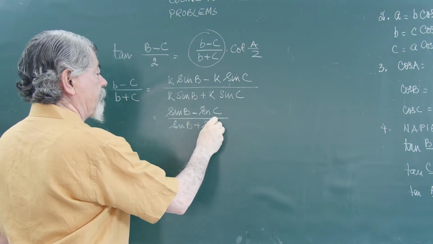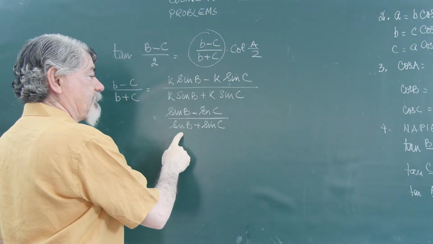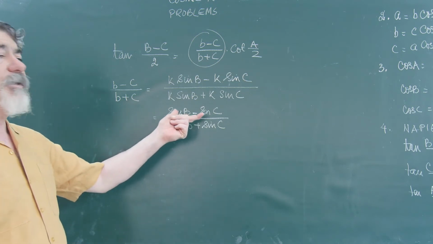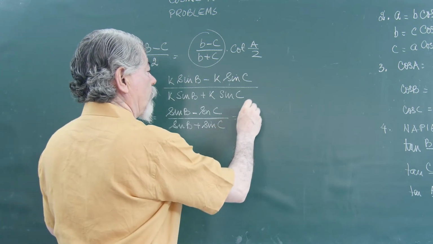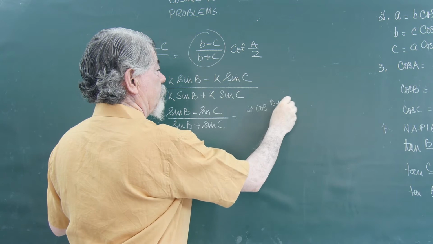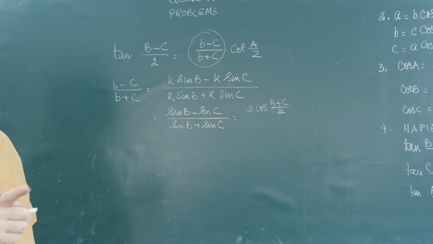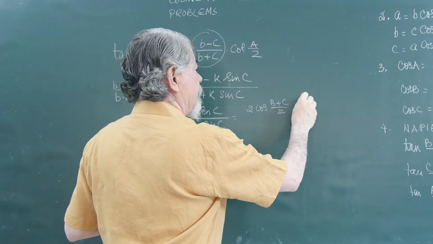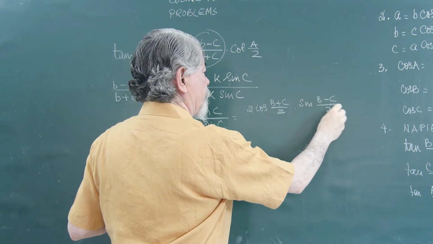This seems to be familiar to us. Sine C plus sine D, sine C minus sine D. Instead of C and D, I have B and C. The formula remains the same. If it was sine C minus sine D, then it was 2 cos (C plus D)/2 and sine (C minus D)/2. Here, sine B minus sine C is 2 cos (B plus C)/2 and sine (B minus C)/2.